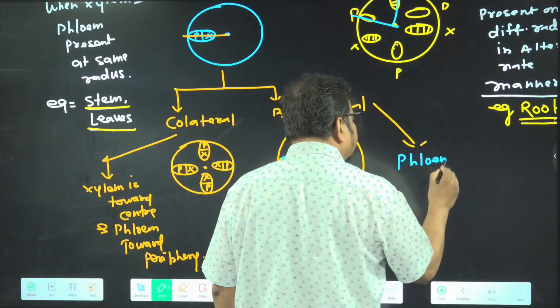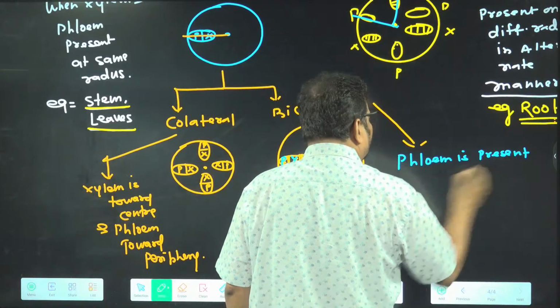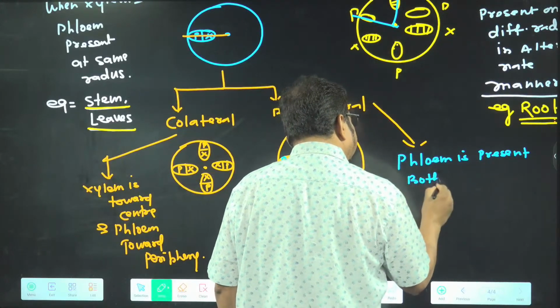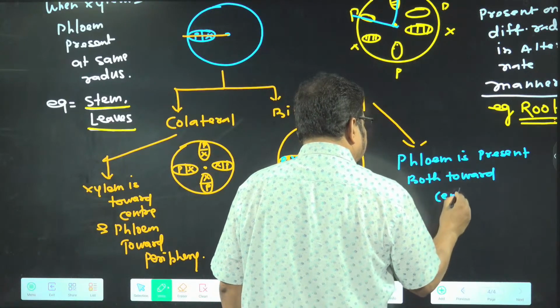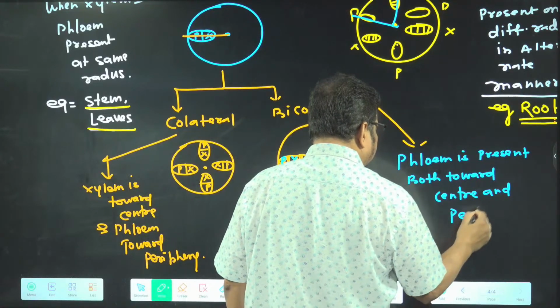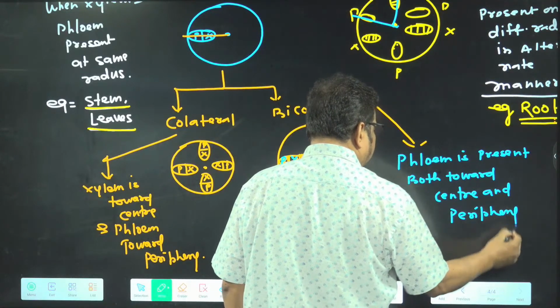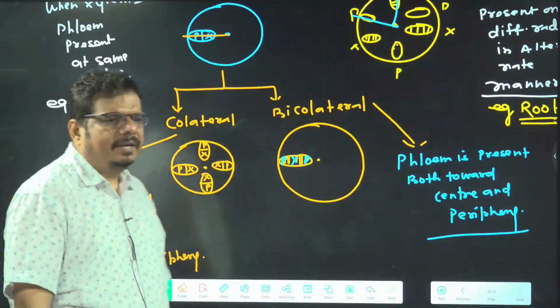Phloem is present both towards center and periphery.